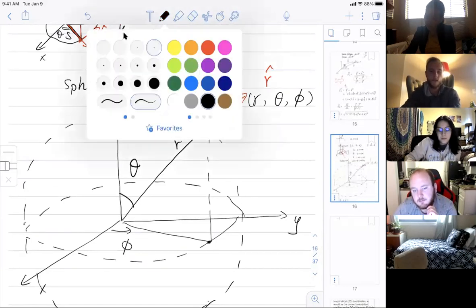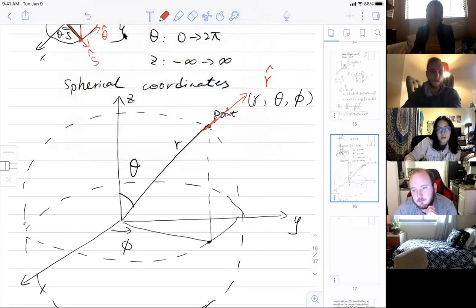And what about theta hat? How do I represent theta hat? So this is my Z, and theta is the angle measured down from the Z axis. So you can see theta is changing its direction in this way. So what is theta hat?